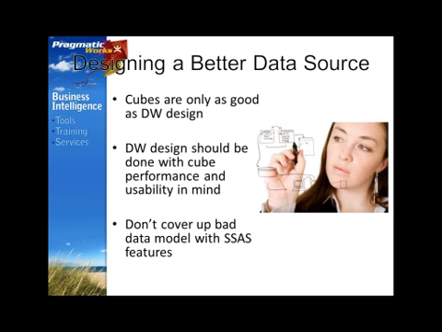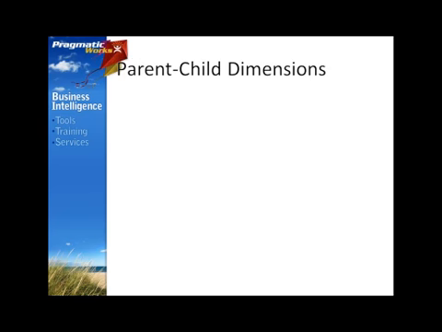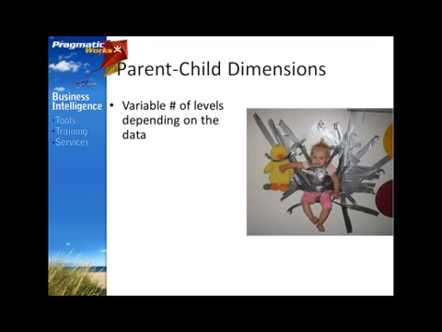So the first thing that I mean by that is parent-child dimensions. I'm sure many of you probably have these in your environment now. A parent-child dimension, if you're not familiar with what one of those is, is really anything that has a variable number of rows, variable number of levels depending on the data. Think of an example like an org structure.